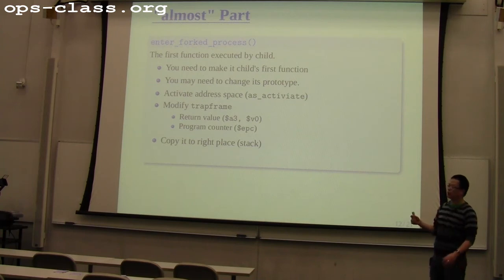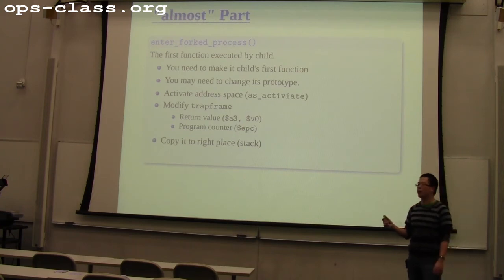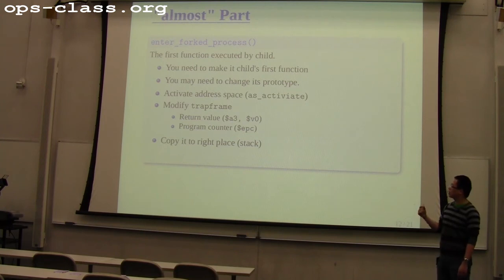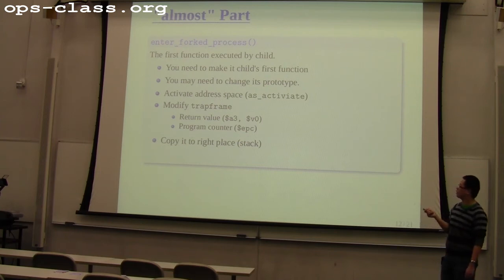The parent copied the trap frame to the kernel's heap, by which I mean the memory allocated by kmalloc, right? You cannot directly pass that trap frame to MIPS user mode, because MIPS user mode will check if the trap frame is in the kernel stack. So what you want to do is copy the trap frame from the kernel heap to the current user thread's stack.